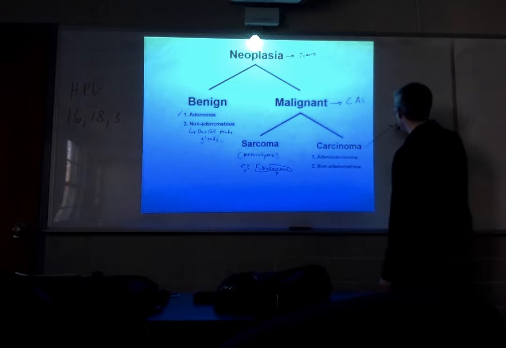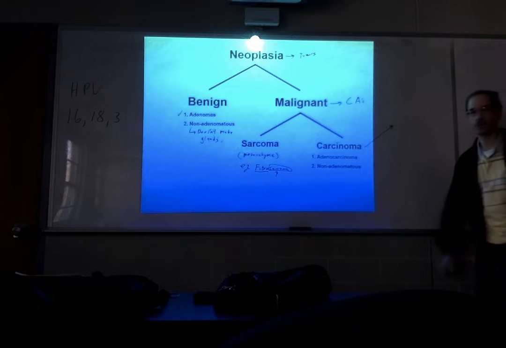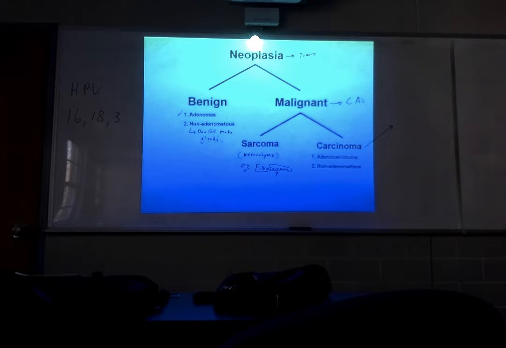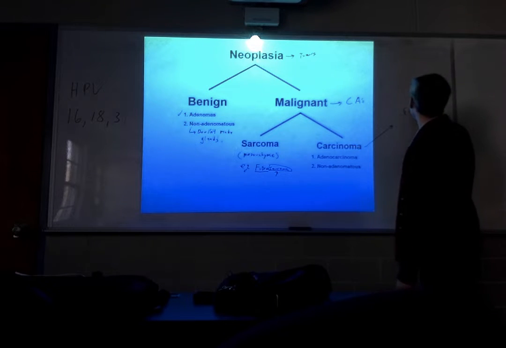Carcinoma. What's a carcinoma? Carcinoma is a malignant proliferation of cells that originate from basically every other tissue. Remember those three embryonic tissue layers you learned about in embryology? The ectoderm, the mesoderm, and the endoderm? Any malignant proliferation of cells that originates from ectoderm, endoderm, or mesoderm is referred to as a carcinoma.